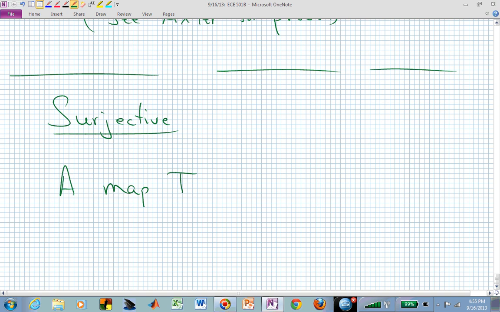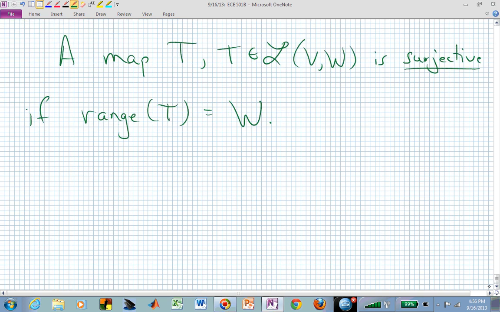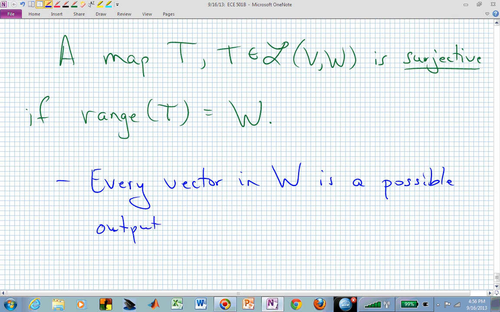Again, we take this linear map T from V to W. That map is surjective if the range of T covers the entire codomain, or the range of T is equal to the entire codomain W. Stated another way, every vector in W, so every possible location in the codomain, is a possible output of T.